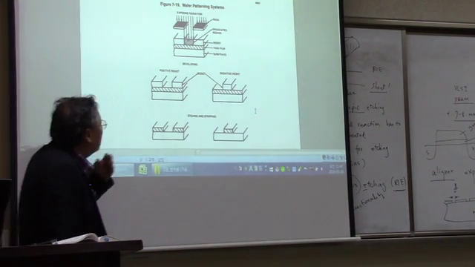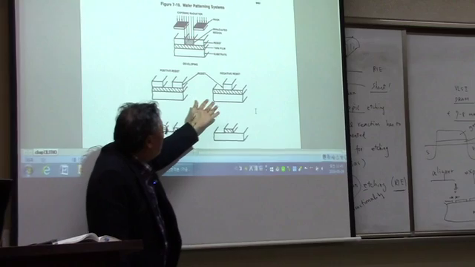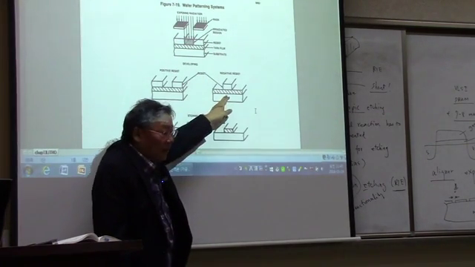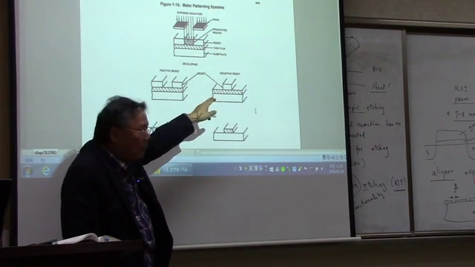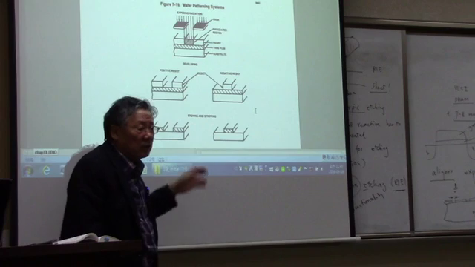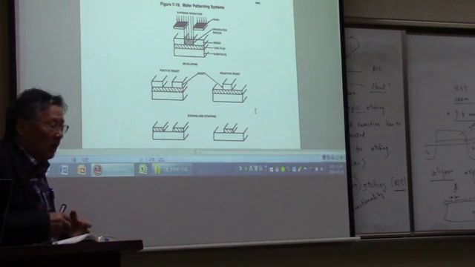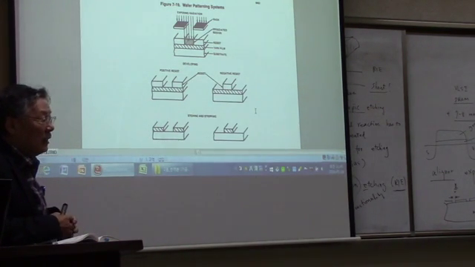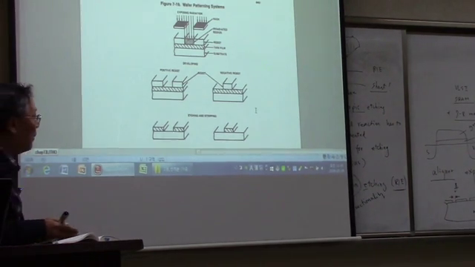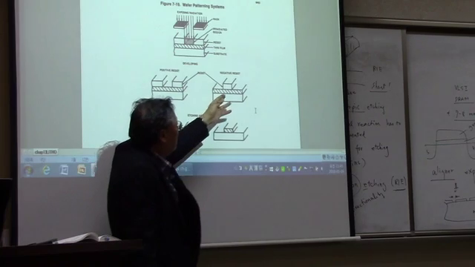Okay, if you use a negative photoresist, then if the light has been shined on it, then the photoresist is going to be polymerized so that it is not going to be developed, it's not going to be dissolved in the chemical afterwards.